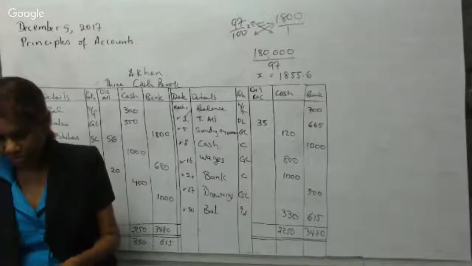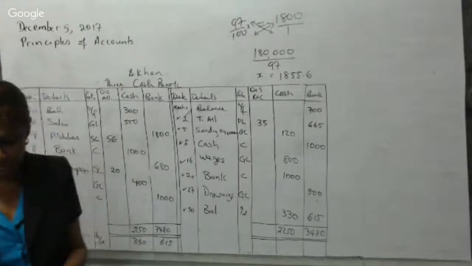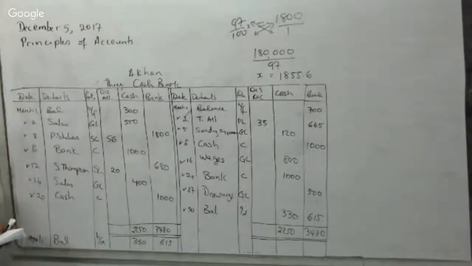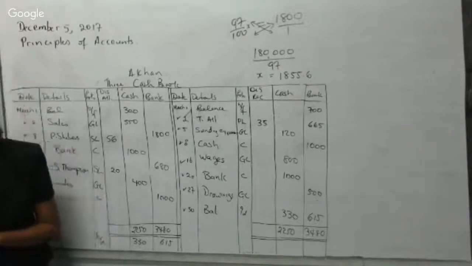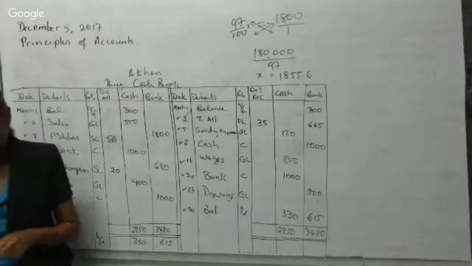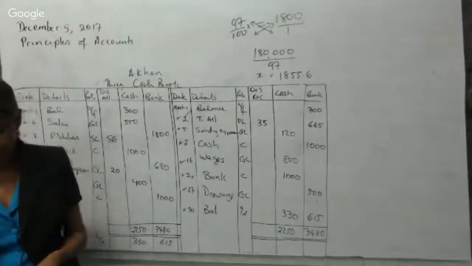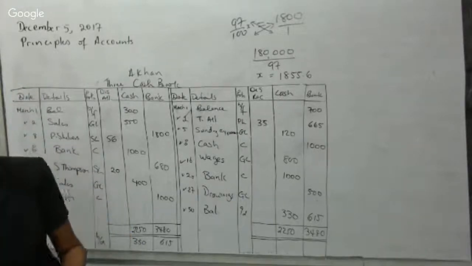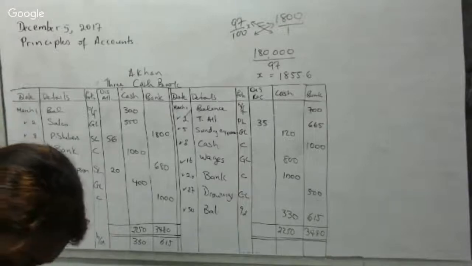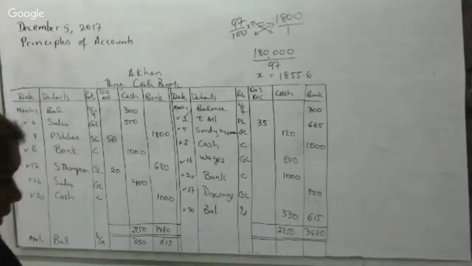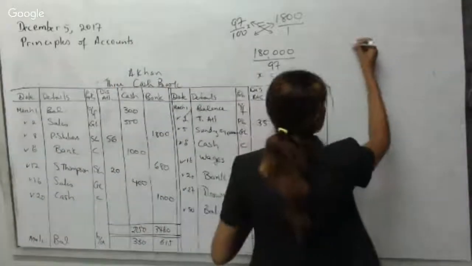There was also no record of it on the bank statement. Unpresented, yes. And that's it. So we are to update his cash book and do a bank reconciliation statement.